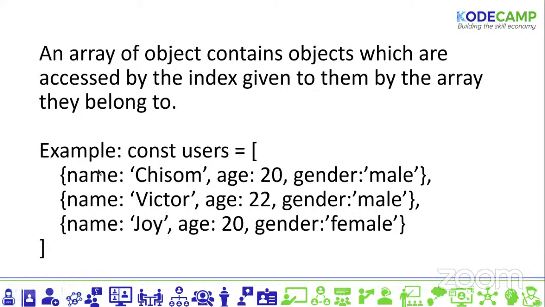So how do you work with this kind of data? How do you access the first object and the properties in it? How do you access the second object? The third object? How do you loop through them so that you can use it to create, if you're going to use it on the front end, maybe a list that the user can see and understand?